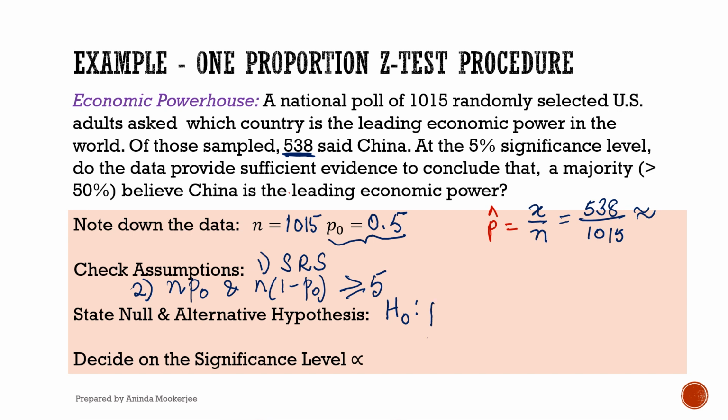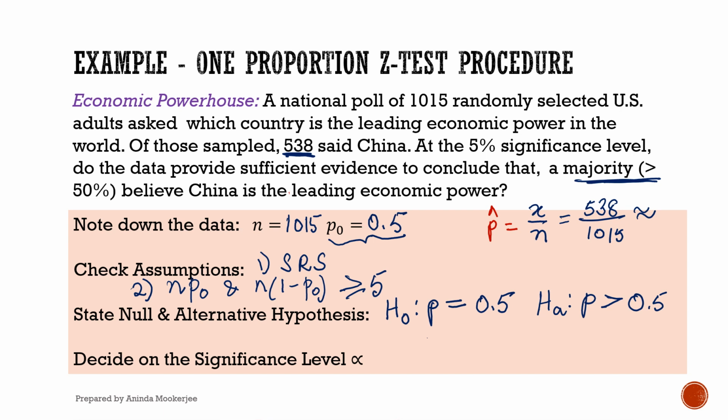The null hypothesis always has the equal sign in it, so P equals 0.5, whereas the alternate hypothesis says majority, right? Greater than 50%, so P is greater than 0.5. So that's our null and alternate hypothesis stated for this problem.